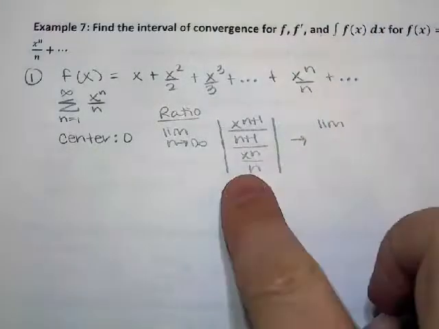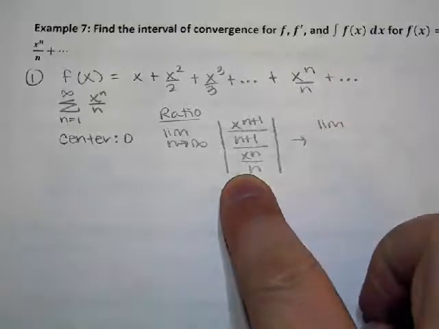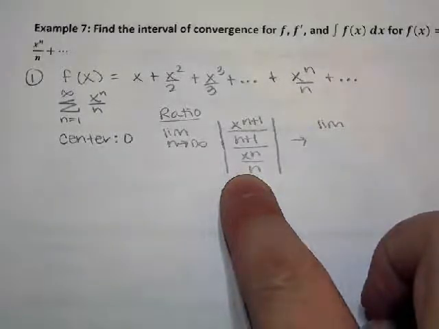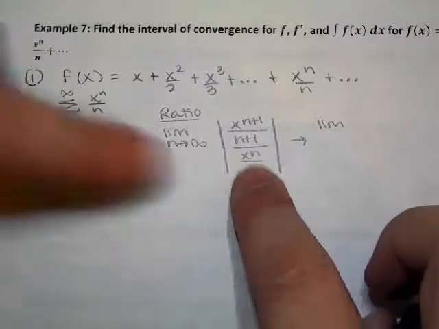So you can skip this step and go straight to the next part, and as long as you don't make a mistake, you're good. They'll count it as you showing your work.